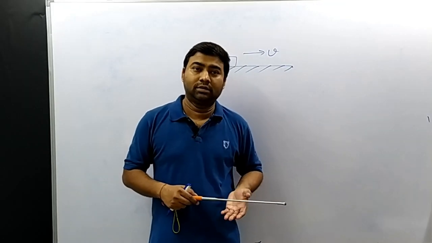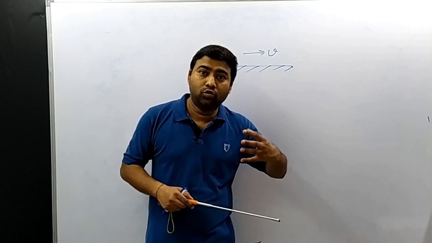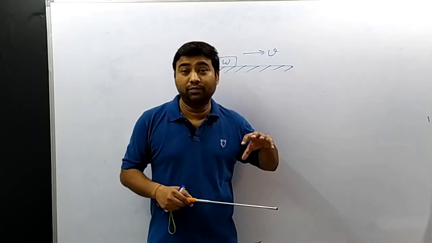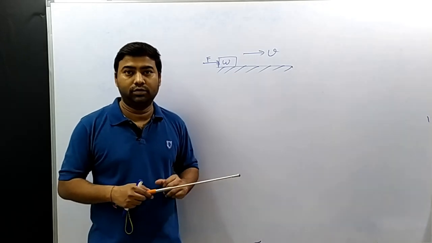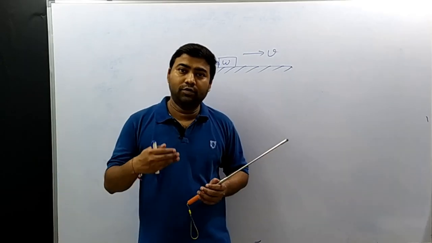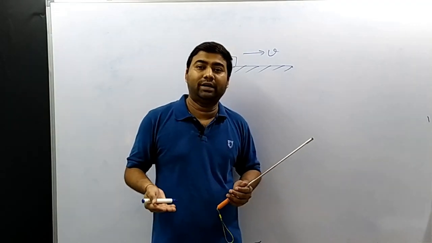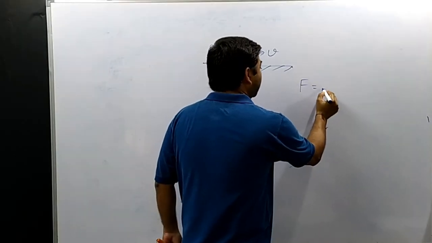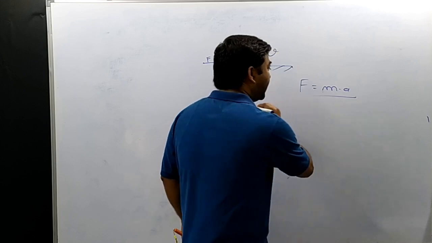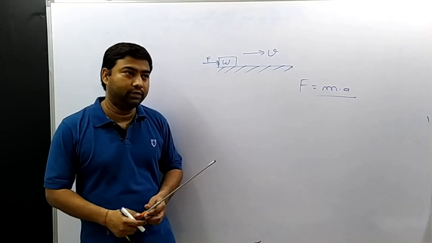Later on, the concept of force was more precisely explained by Sir Isaac Newton. The concept of force was also quantified. It was quantified by the formula F = m a. That is a famous formula we all know.